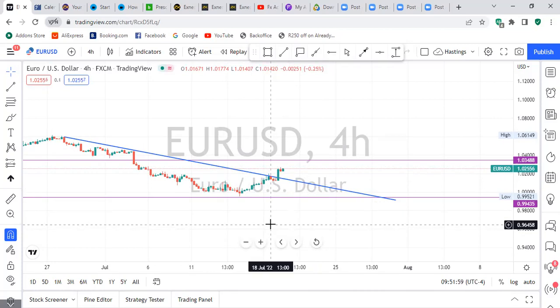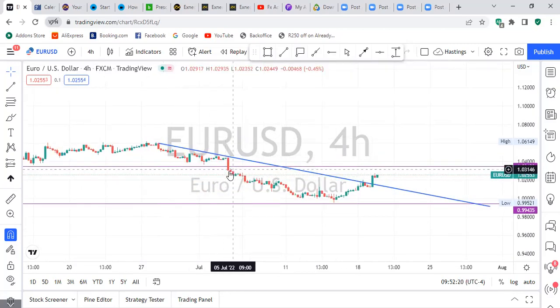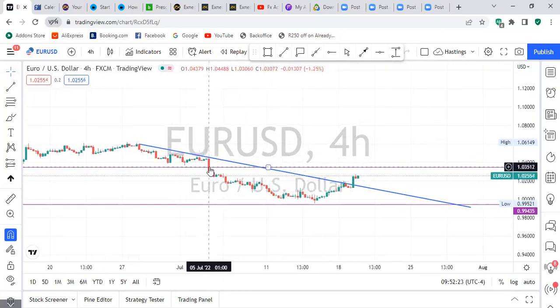So when price reaches support and it doesn't break that support, you look for buys. If price is at resistance and it doesn't break out, you look for sells. Meaning if price is here, like here, right?